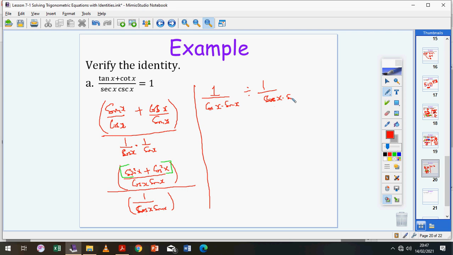If I do the flip and the change, if I flip this, the denominator will go on top over 1, and this is still 1 divided by cosine x sine x. This whole thing is the same as that whole thing, so that cancels out. What remains is 1 over 1, which is the same as 1. I have proved or verified that all of this is equal to 1, using algebra and knowledge of trigonometric identities.